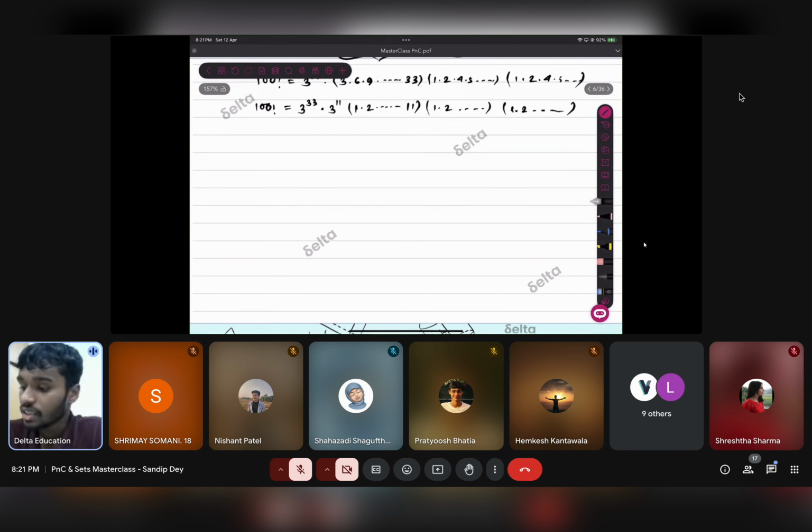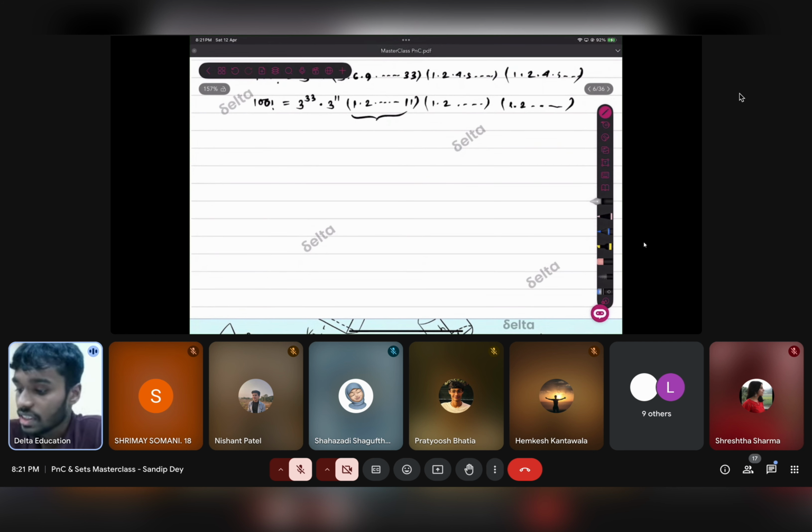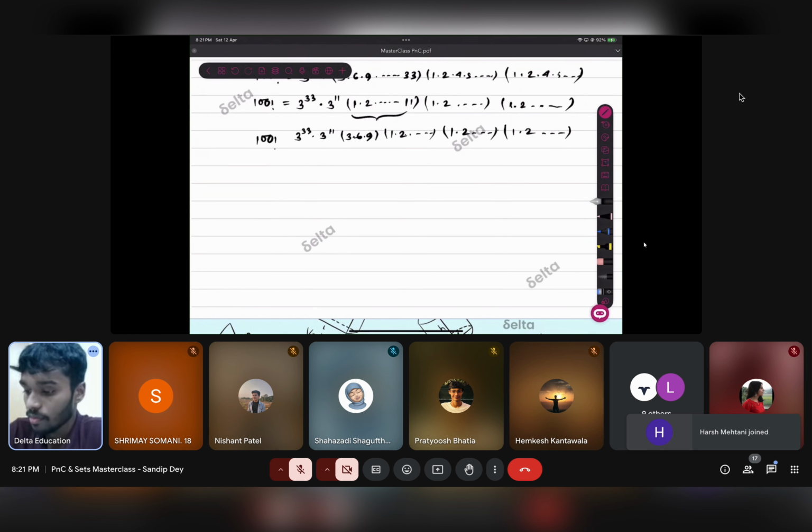Then again, in this 11 factorial term, I can again get some powers of 3. So if I again segregate this, I'll get 3 to the power 33 multiplied by 3 to the power 11. Then I'll get 3, 6, 9, only this 3. And we'll have these different terms. Again, I can divide these terms by 3 and take out the power of 3.